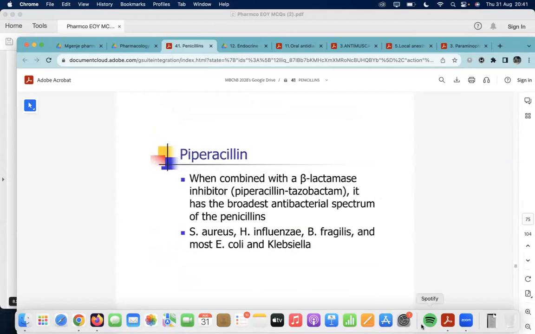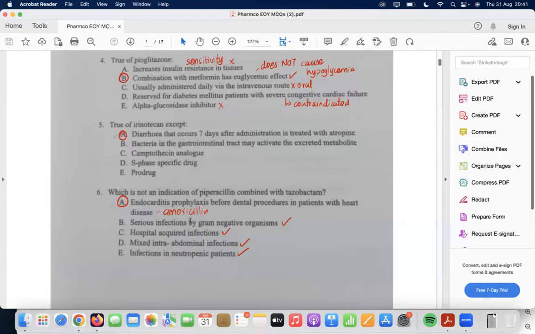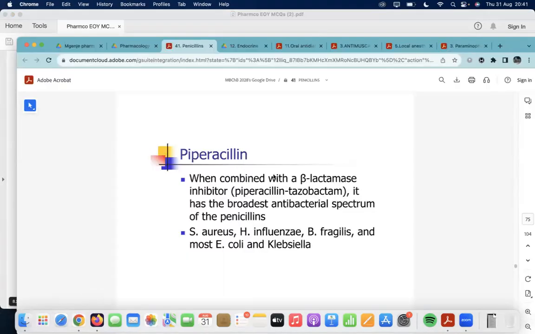Okay, the question is asking, which is not an indication of piperacillin combined with tazobactam. So when combined with a beta-lactamase inhibitor, such as tazobactam, piperacillin tazobactam, which is called tazocin now, it has the broadest antibacterial spectrum of the penicillins.